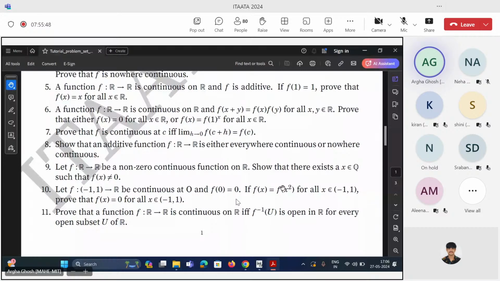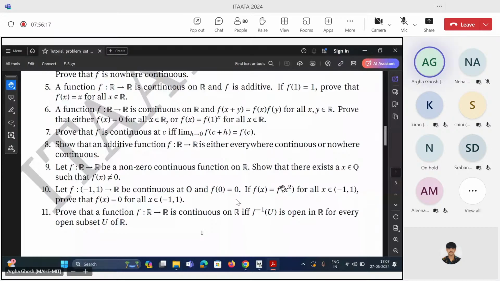One part is very easy. Which part? Actually, both parts are easy, but one part is trivial. So note that we assume the definition of continuity via neighborhoods. A neighborhood is an open set containing that point.